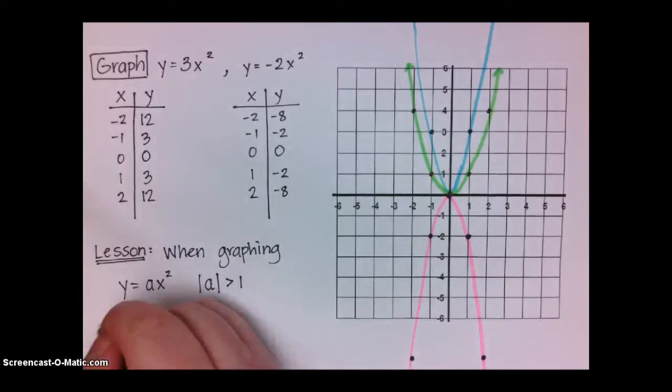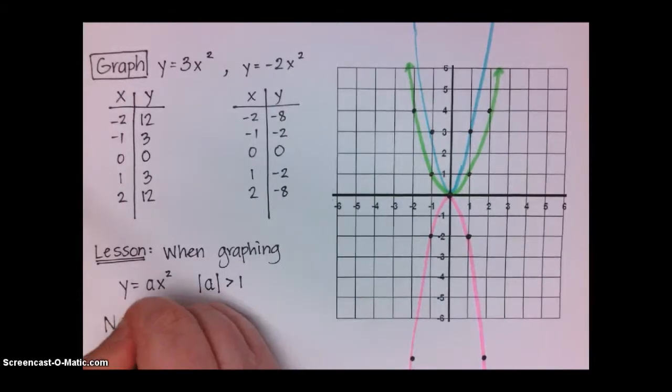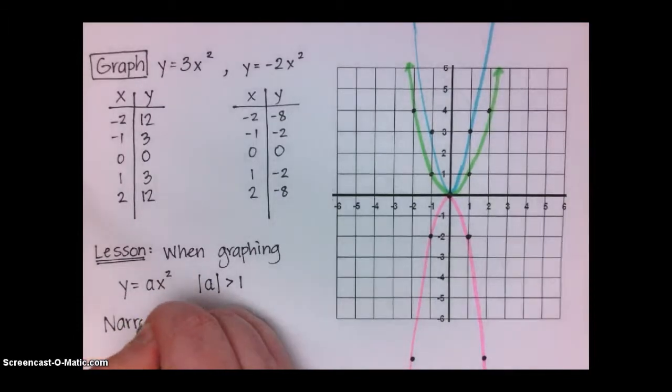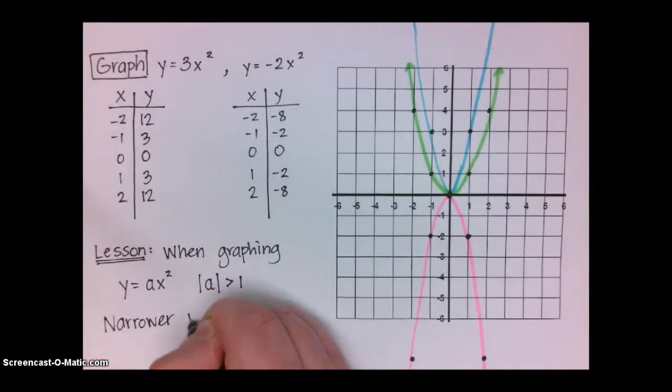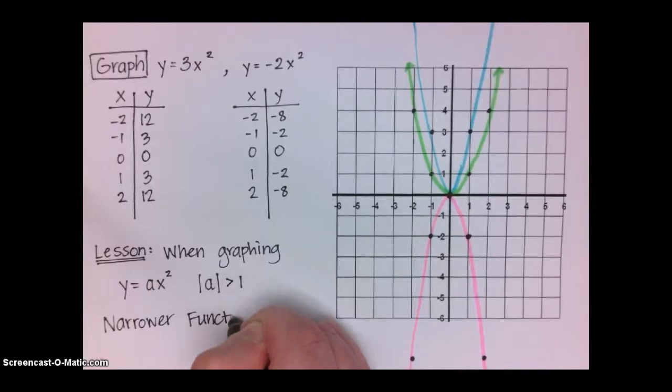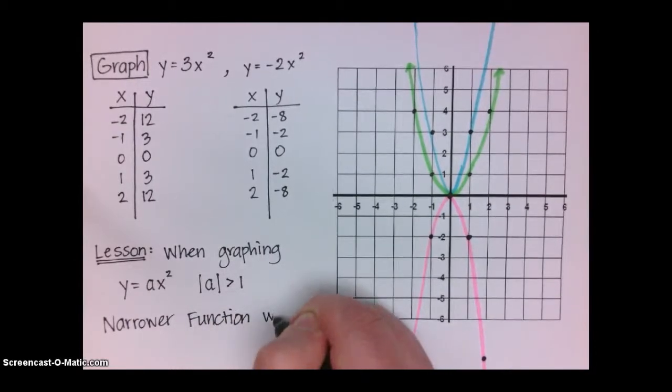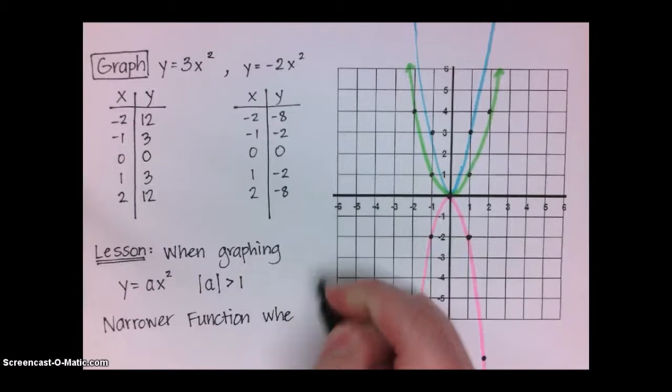When this happens, you're going to find that the shape of it is going to be a narrower function when compared to the parent quadratic function.